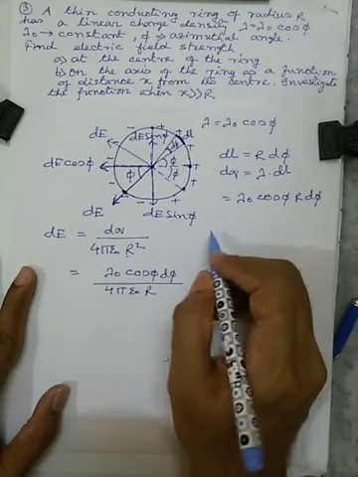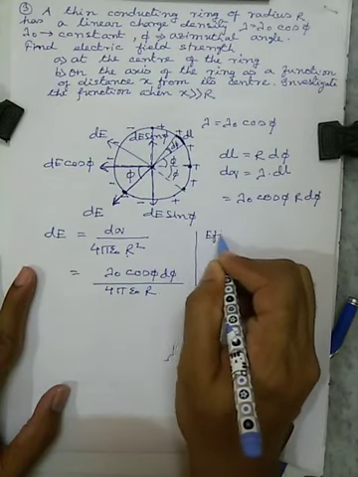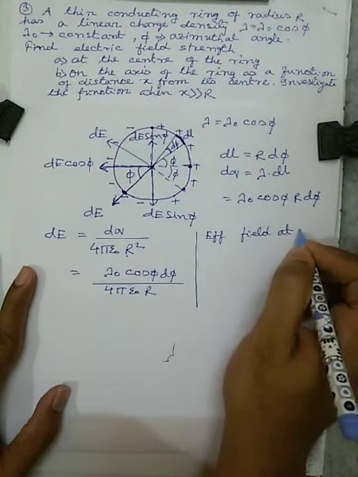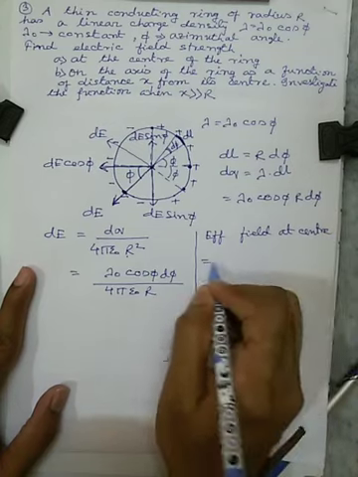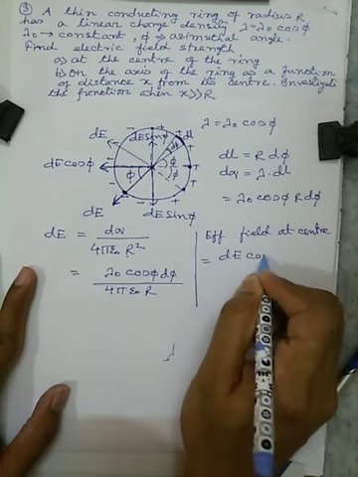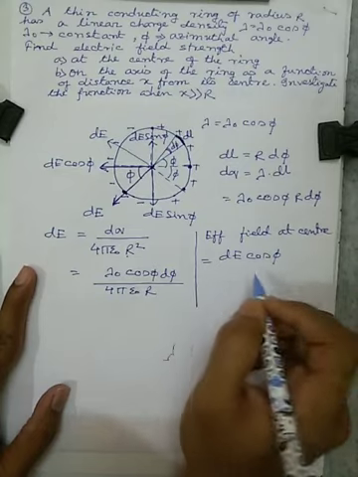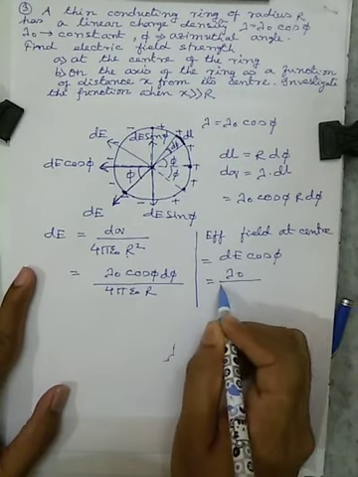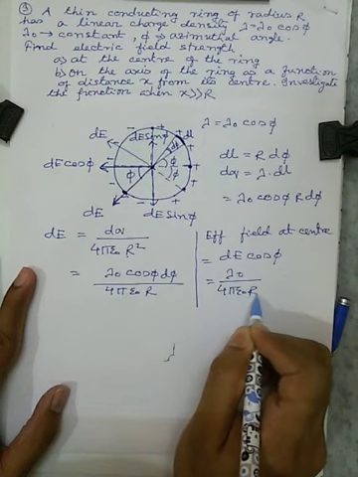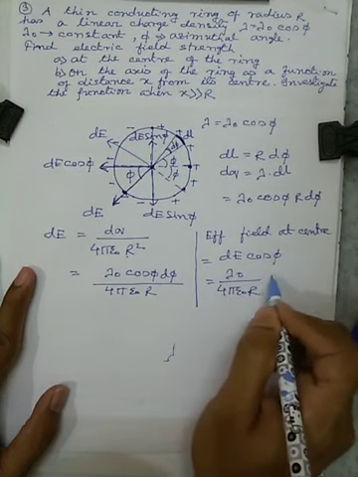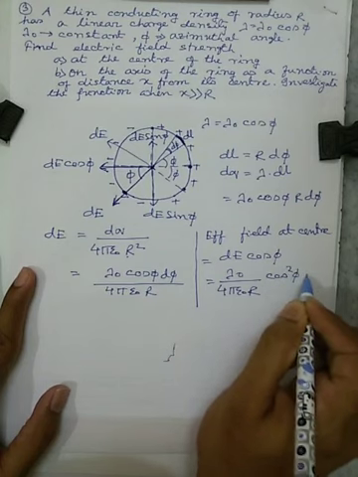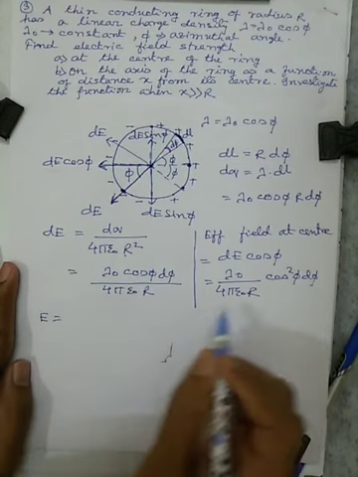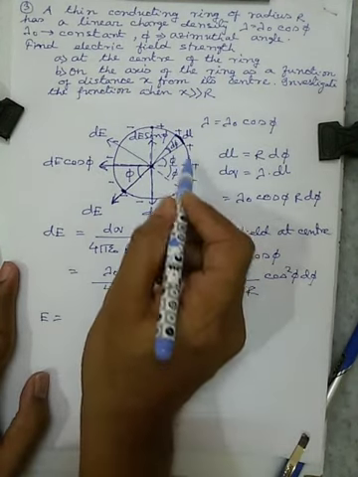That means the effective field is dE cos phi. Therefore we can write the effective field at center is equal to dE cos phi, which is lambda naught by 4 pi epsilon naught r cos phi d phi into cos phi, that is cos square phi d phi. Therefore the net field E is equal to, we have to integrate this part for the full ring.